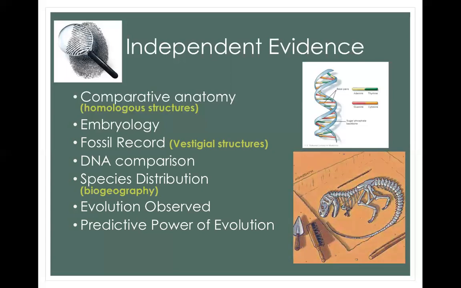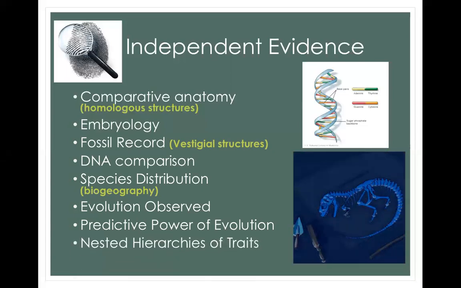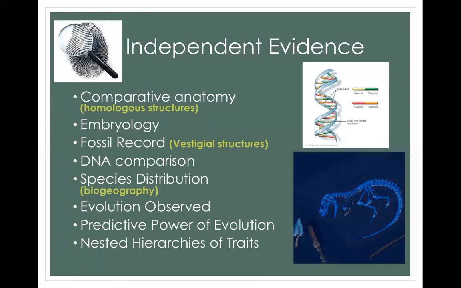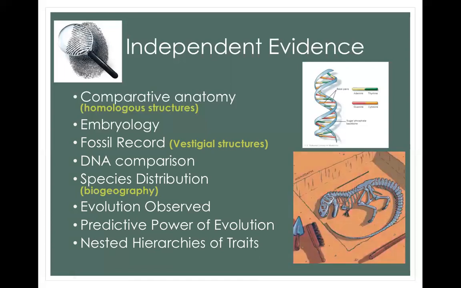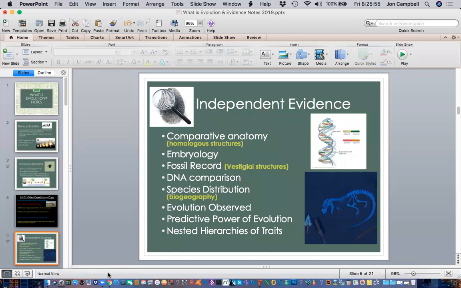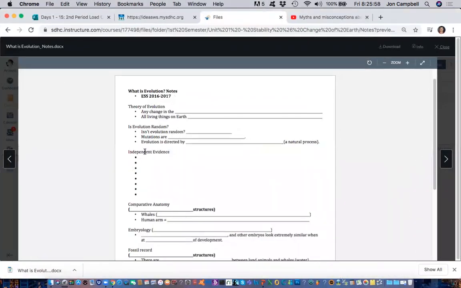And then predictive power of evolution. And lastly, hierarchies of traits as well, how they get passed down over time. So these are some of the main lines of evidence that you will need to know. And again, you are going to write those all down on these bullet points. Okay? All written down on these bullet points.